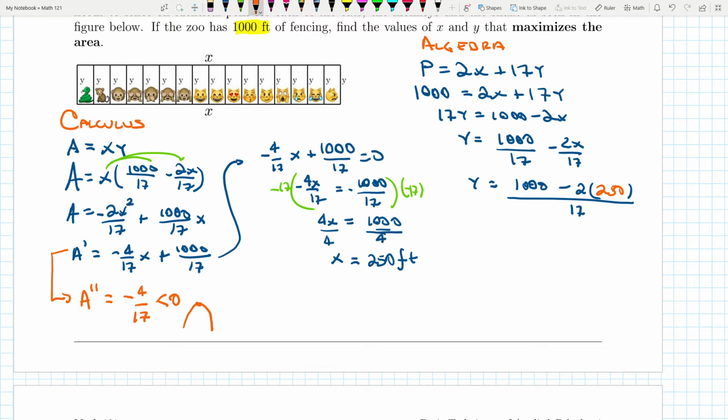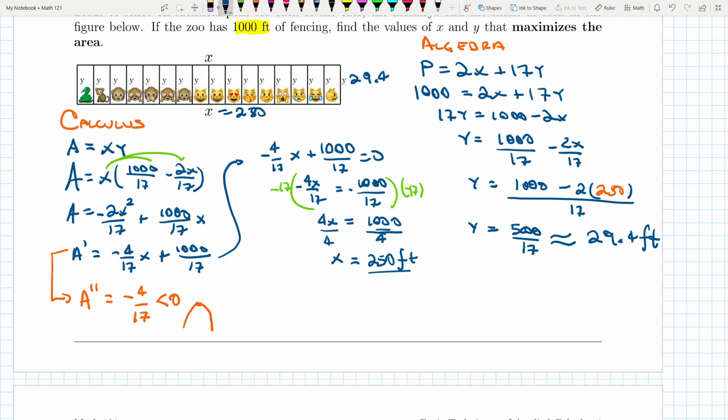Well, that's 500 over 17, which is approximately 29.4 feet. So that height will be 29.4 feet, and the length of all the pens combined will be 250.